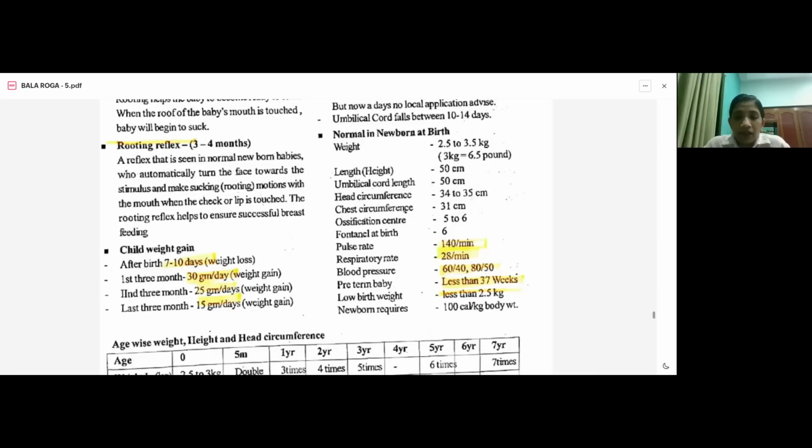And the newborn requires 100 calorie per kilogram body weight. This is the amount of energy a newborn requires. Remember the normal weight, the umbilical cord length and height of the baby at the time of birth, the pulse rate and respiratory rate, and who is termed a preterm baby. These points are very important. Okay.